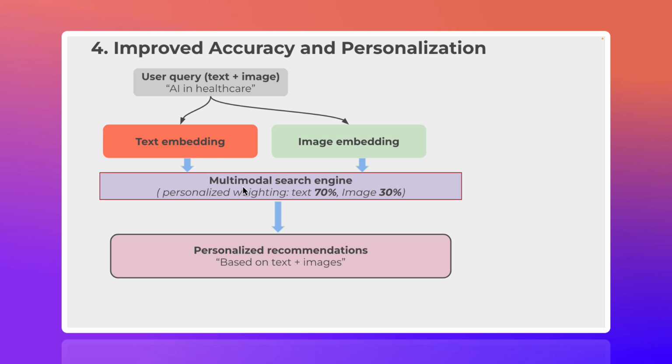But the beauty here is that there's this personalization that happens. It starts weighing what makes more sense or what needs to be elevated to the top over the other. In this case, text could be 70%, image 30%. So the personalized recommendation would be based on text plus images, which leads to a more accurate recommendation.